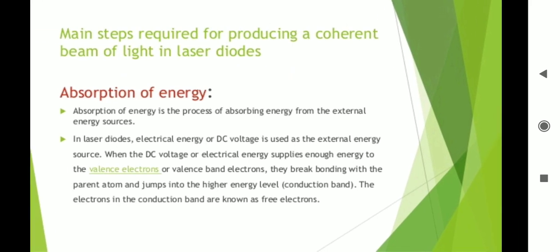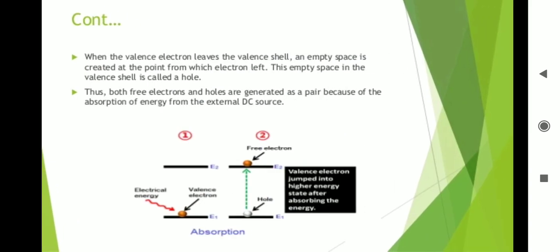So in absorption of energy, you can see in this diagram, when light is incident on photosensitive material, electrons absorb energy from the incident photons and move to a higher energy level.